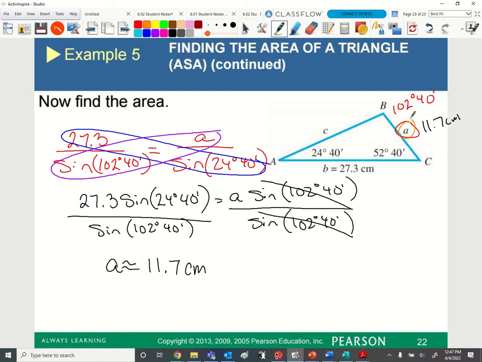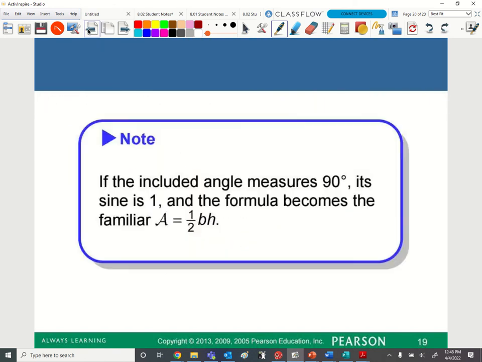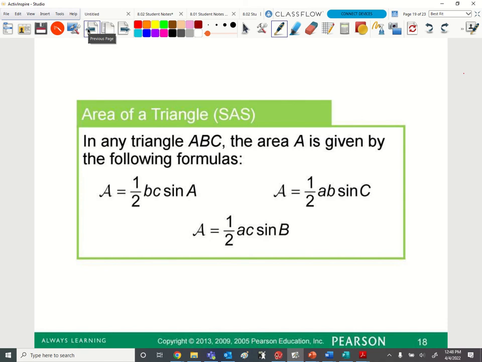I have little a, big C, and little b. There's A, B, C, right? If I'm using little a and little b in this formula, that means the angle I have to use has to be big C. Because I found little a and little b, I have to use big C in my formula for this one to work.